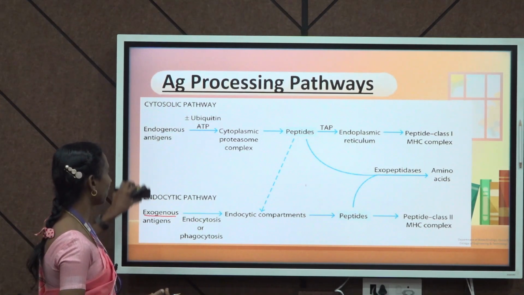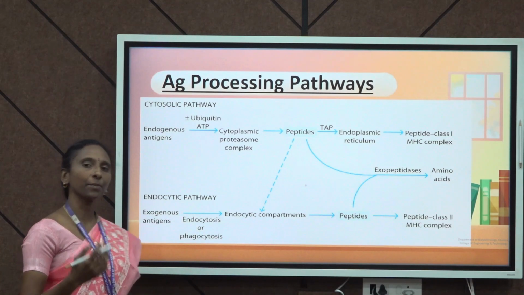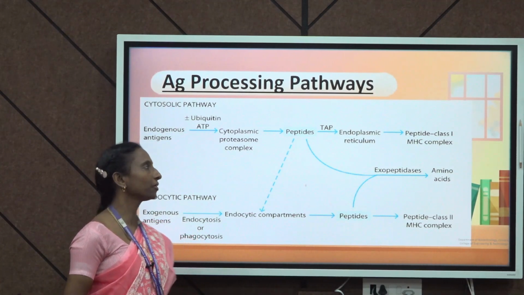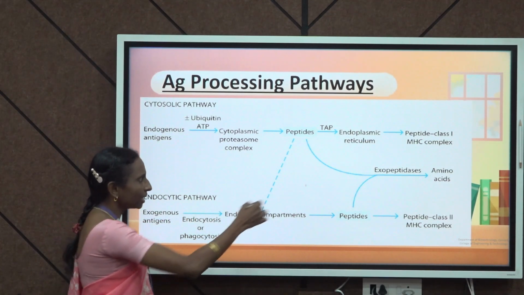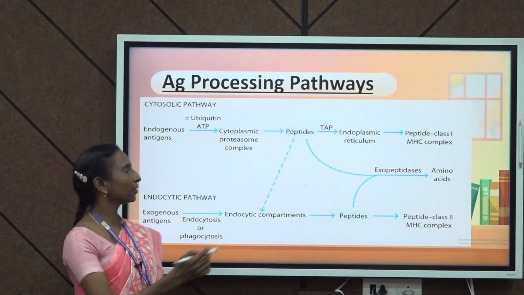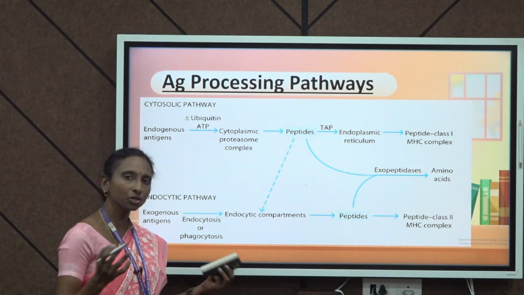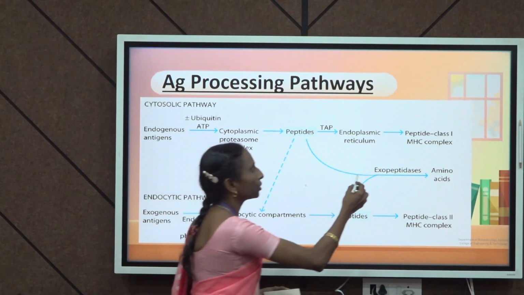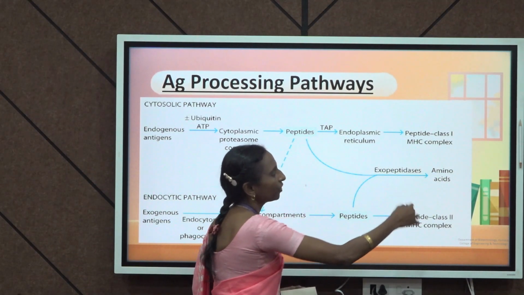So the type of antigen involved will differ and the type of MHC molecules involved will differ. At a particular point, you will see that both pathways merge together to almost the same kind of ending.